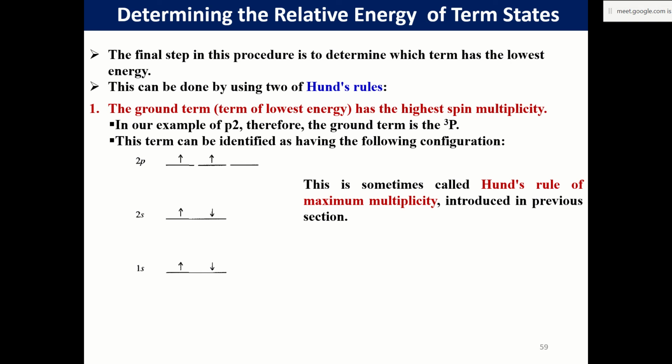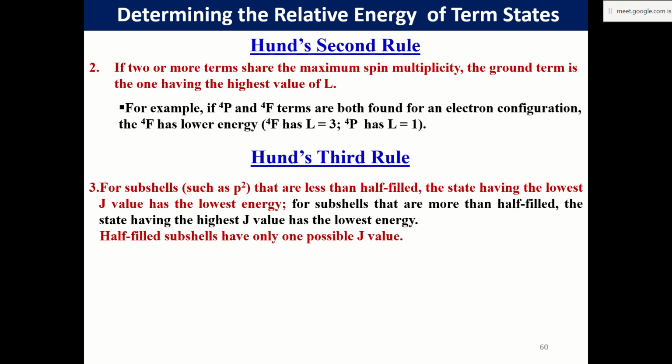All of this can be done in accordance with Hund's rules. There are three Hund's rules to be followed. The first one is very simple: the term of highest spin multiplicity. We have already discussed this previously. With maximum multiplicity, you have parallel spins, and there is exchange energy which stabilizes the system.